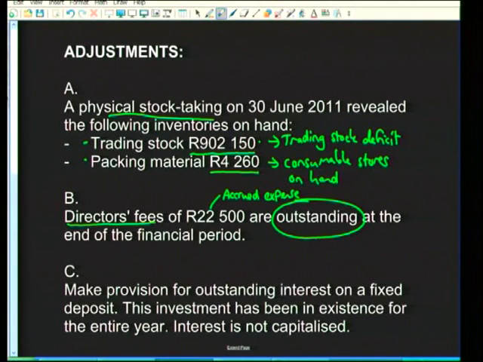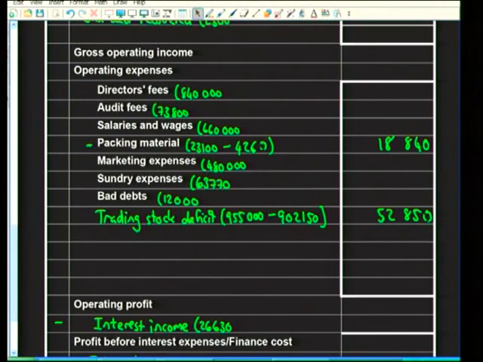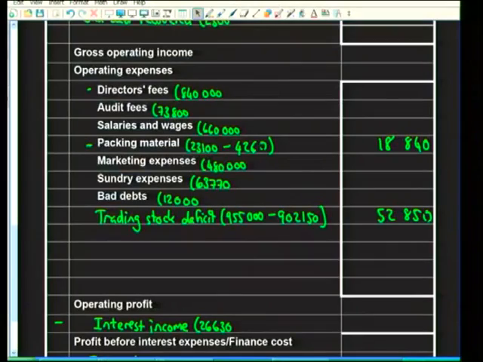So, what's wrong with the number in our income statement? We've got 840,000 Rand for directors' fees. We've already written that number in the correct place in the income statement. But what's wrong with that number? Well, we still owe the directors 22,500 Rand. So all we have to do is add that 22,500 Rand to the number that we have.